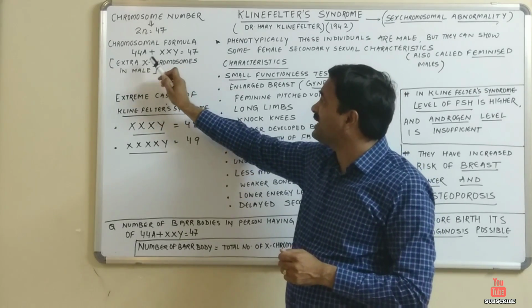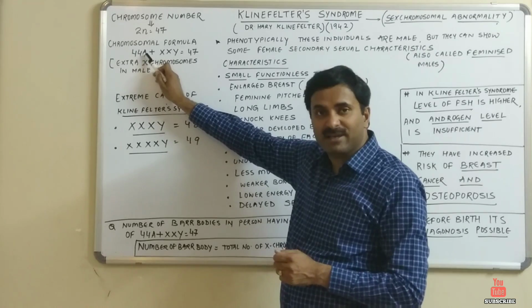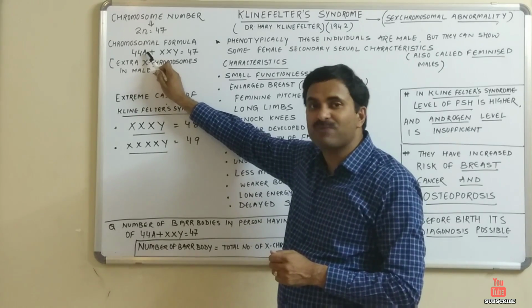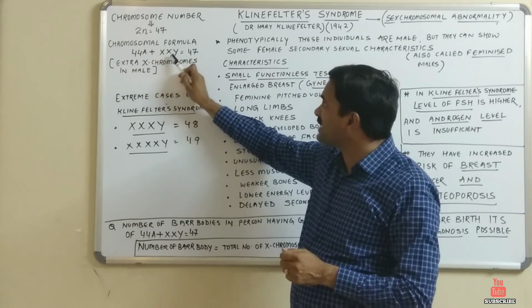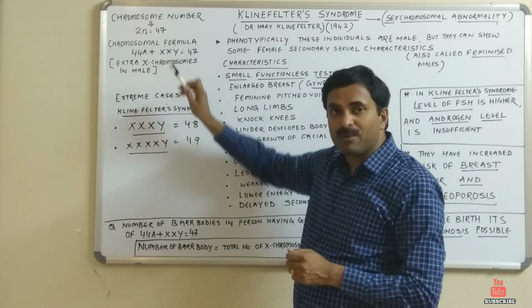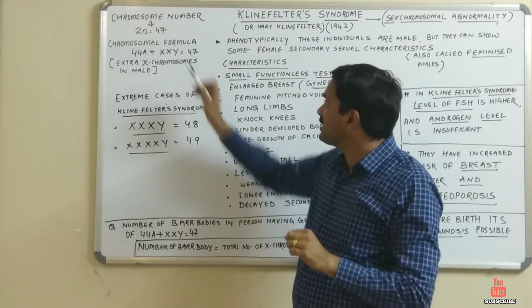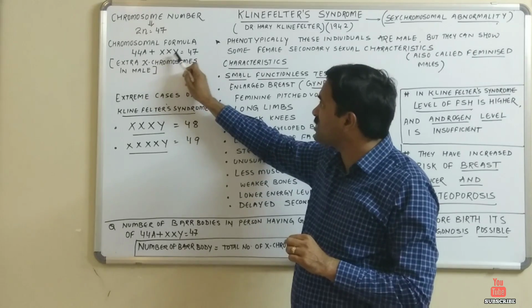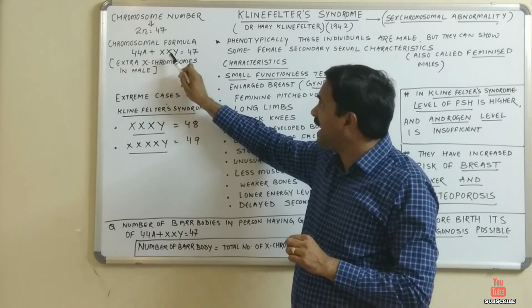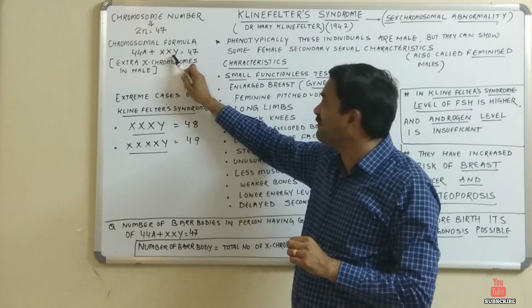So you can see here that the genetic constitution is 44A. A means autosomes, 22 pairs. So 44 autosomes plus XXY. In a normal male the genetic constitution is XY, but here the sex chromosome constitution is XXY, meaning there is an extra X chromosome in a male who is suffering from Klinefelter syndrome.